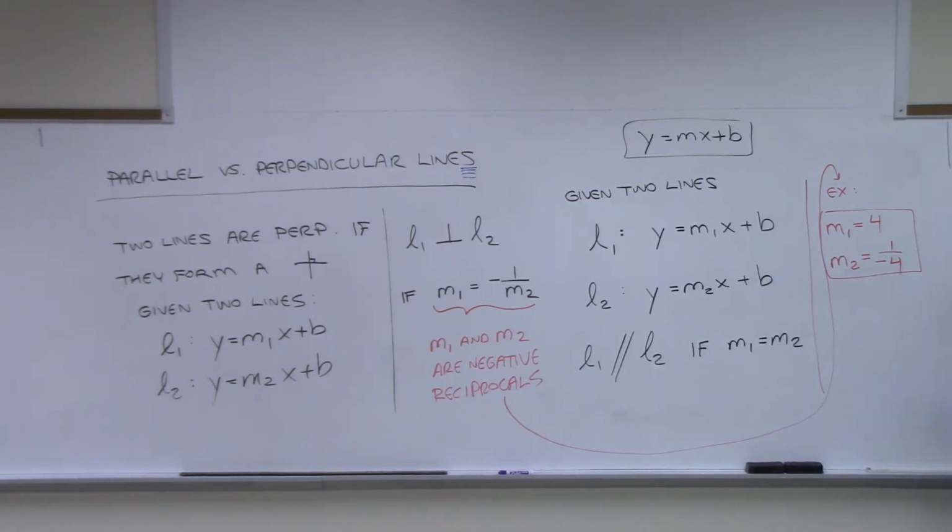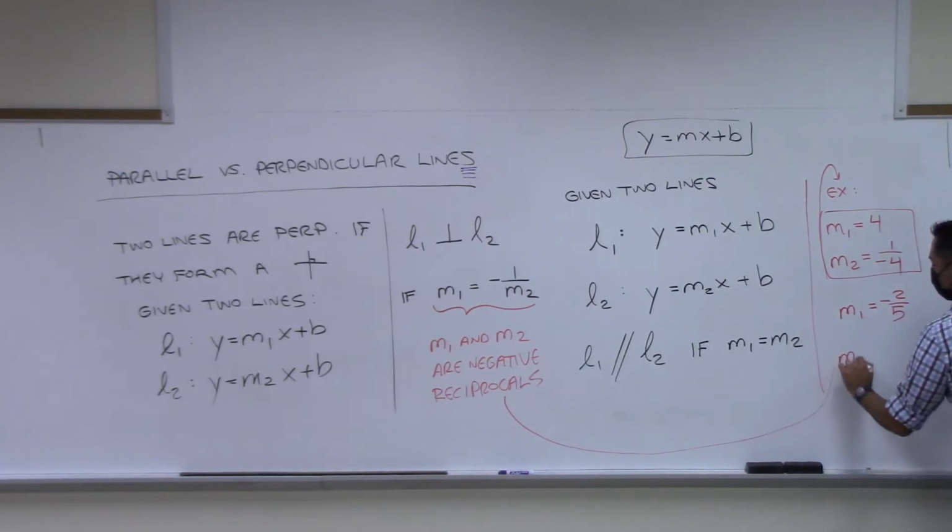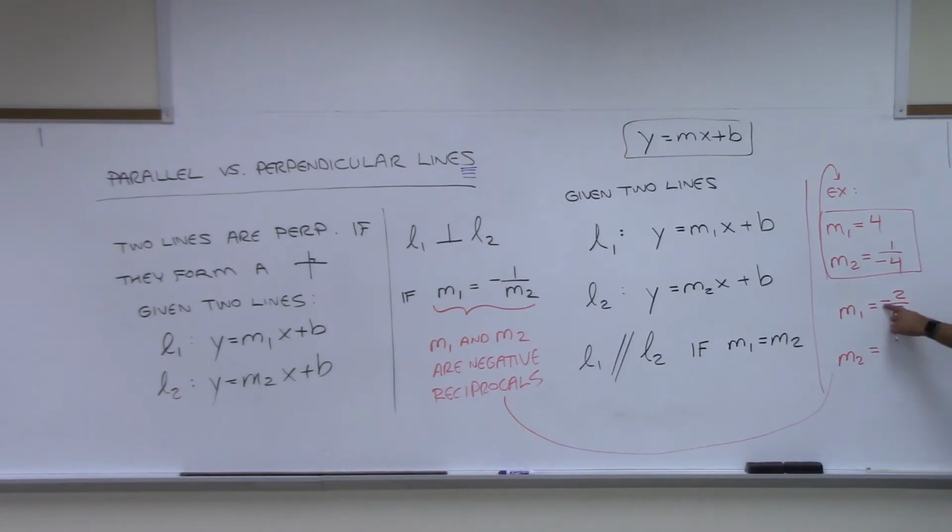Let me give you another example. Let's say m1 was equal to -2/5. In order to be perpendicular, what would m2 have to be? Anyone? It would have to be positive, first of all, because this one's negative, so it would have to be the opposite in sign, and then flip it.